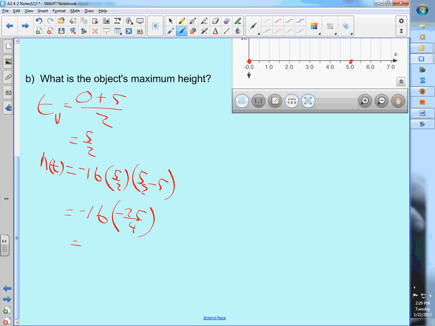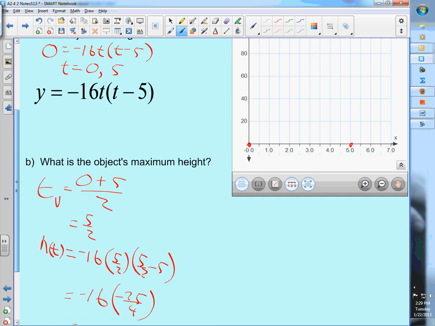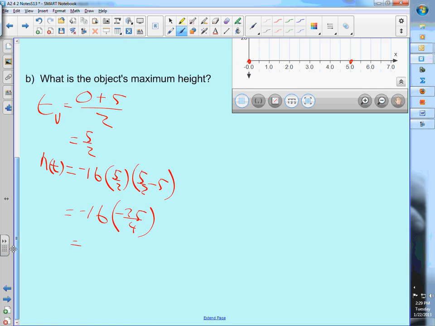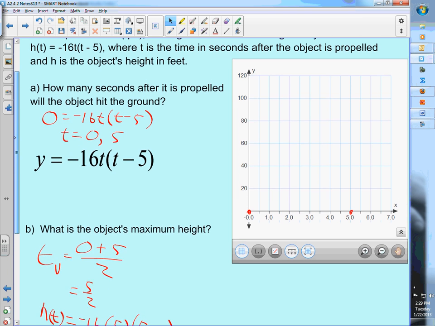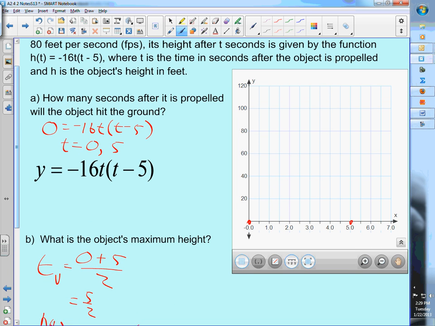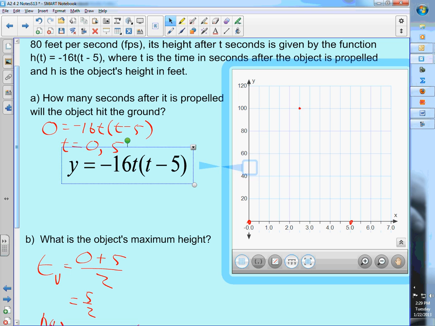You subtract 10 over 2, which is 5 over 2 minus 5. So it looks like we're going to be at 100. That means we would expect our vertex to be at 2.5, 100. So the maximum height of this object would be 100 feet above the ground.